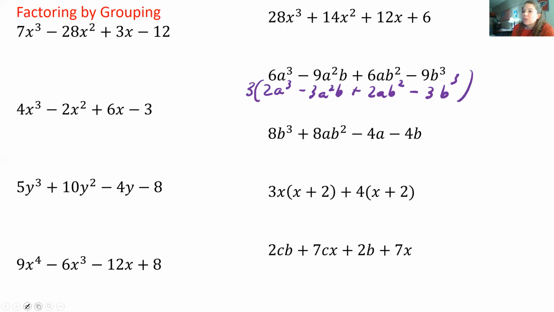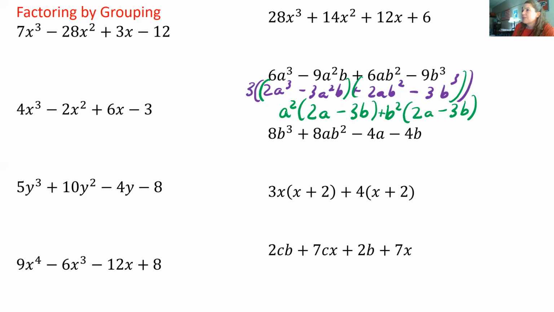Now, I'm going to ignore our 3 for a minute. We'll do green. And now we're going to group these. Do these have any common factors? Yep, a squared. So we have 2a minus 3b. And then here we can pull out a b squared, and that's a positive b squared. So we have 2a minus 3b.